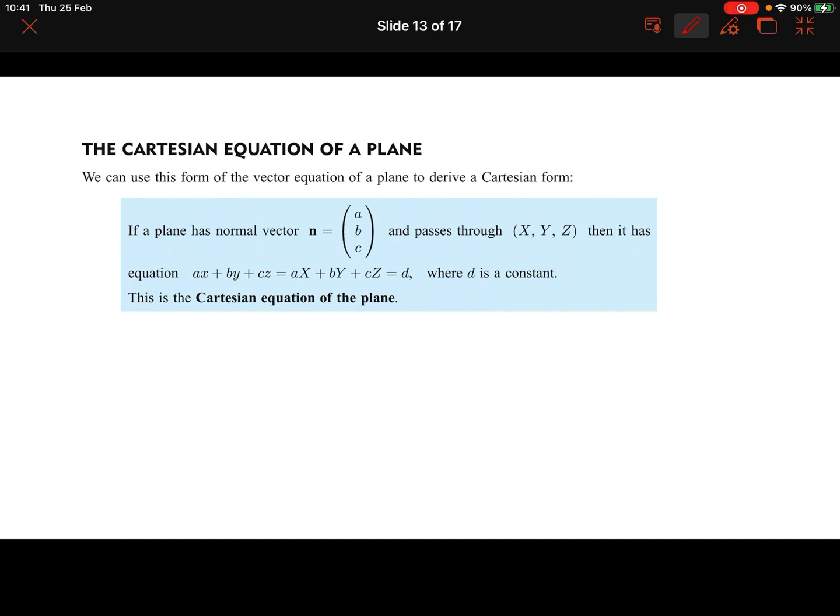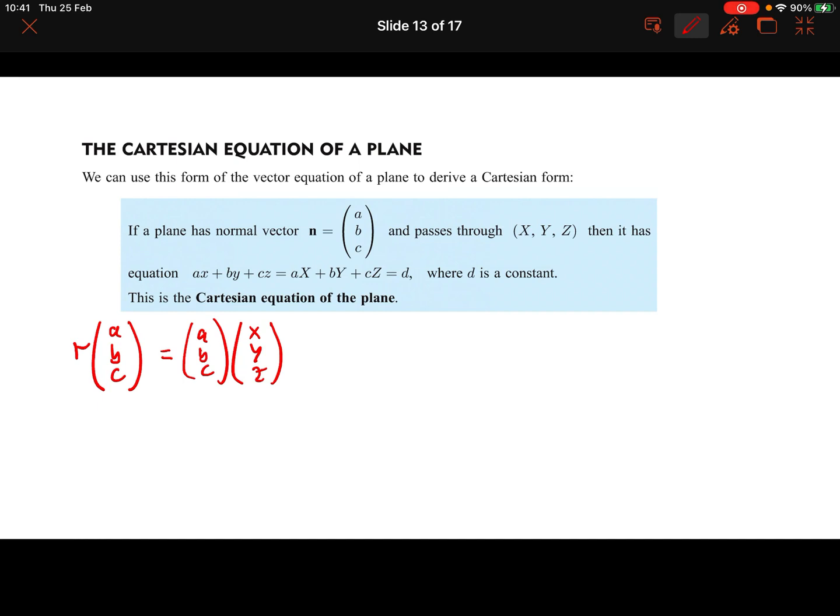Let's say we have a plane that has a normal vector of A, B, C and passes through X, Y, Z. Well, let's use the equation we just had. We can say that any point on the plane is A, B, C dotted with a point that is on the plane, X, Y, Z.